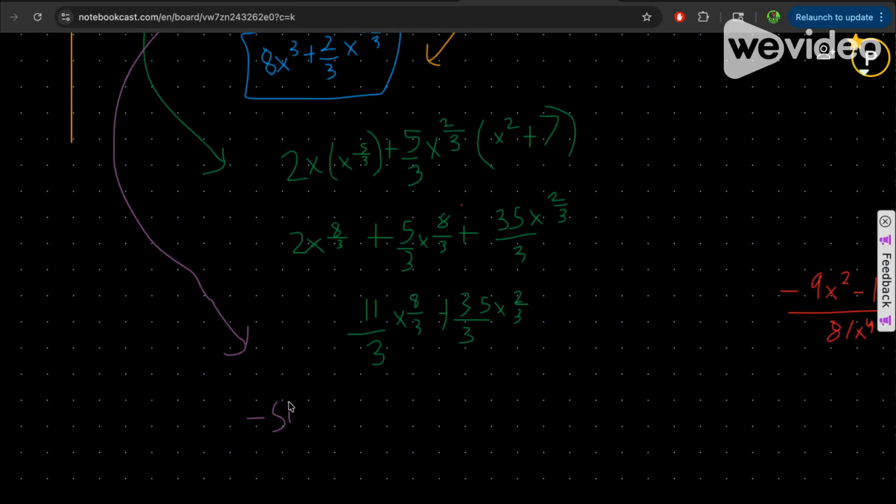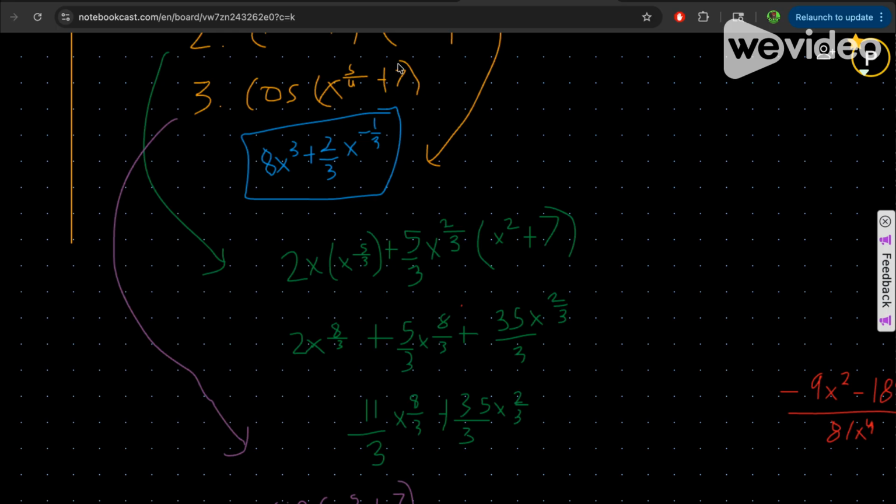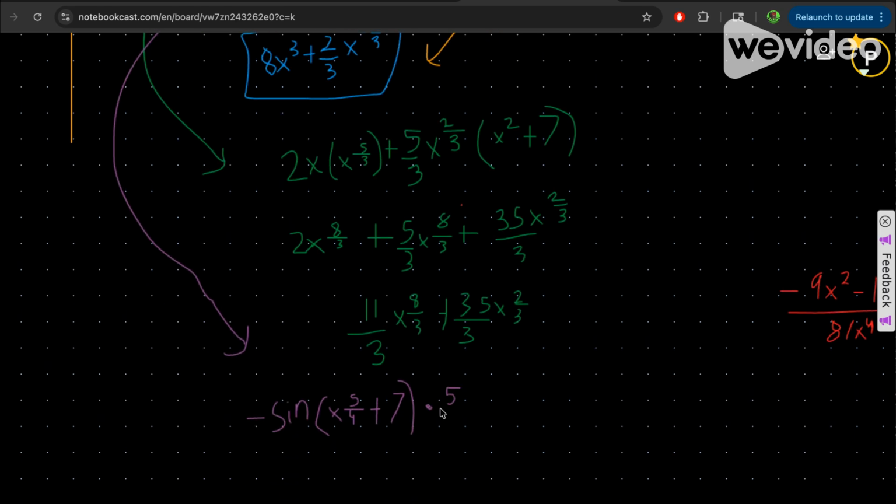Sine of x to the 5/4 plus 7, and then multiplied by the derivative of, since we don't really care about this plus 7, we can say 5/4 x to the 1/4, which also is our answer.